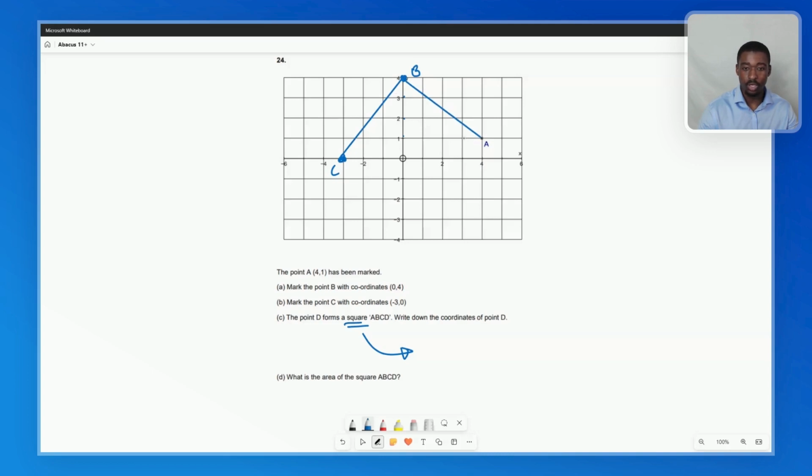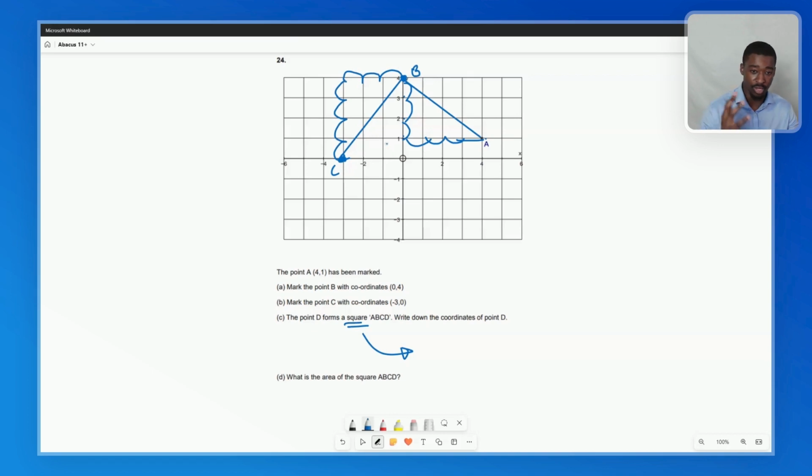Okay. So first and foremost, how are we going to work out the length of the side? Well, we can simply use this understanding right here. If we want to go from A to B, we go 1, 2, 3, 4 across, 1, 2, 3 up. Same thing going from B to C. We go 1, 2, 3 across, 1, 2, 3, 4 down, right?